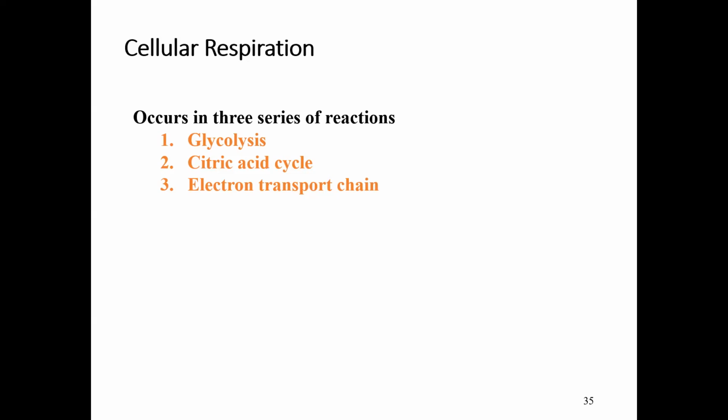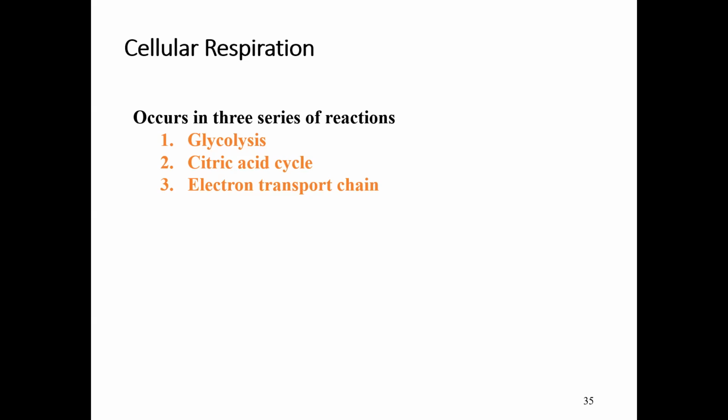Now, there are three types of chemical reactions that take place. One is called glycolysis. Glycolysis is a bit of a free ride because it's the first time that we can do something to the glucose molecule. Like we've been saying all along, glucose is our energy source, and we strip off electrons from glucose.